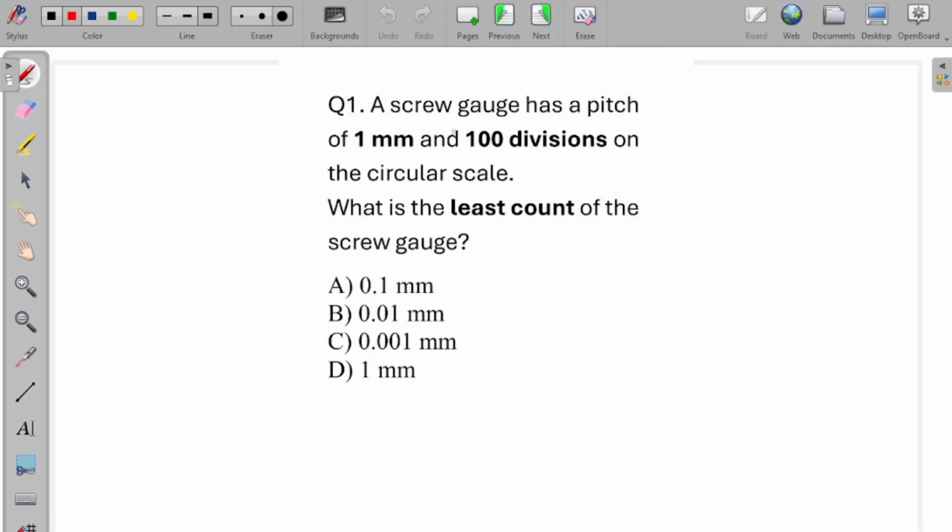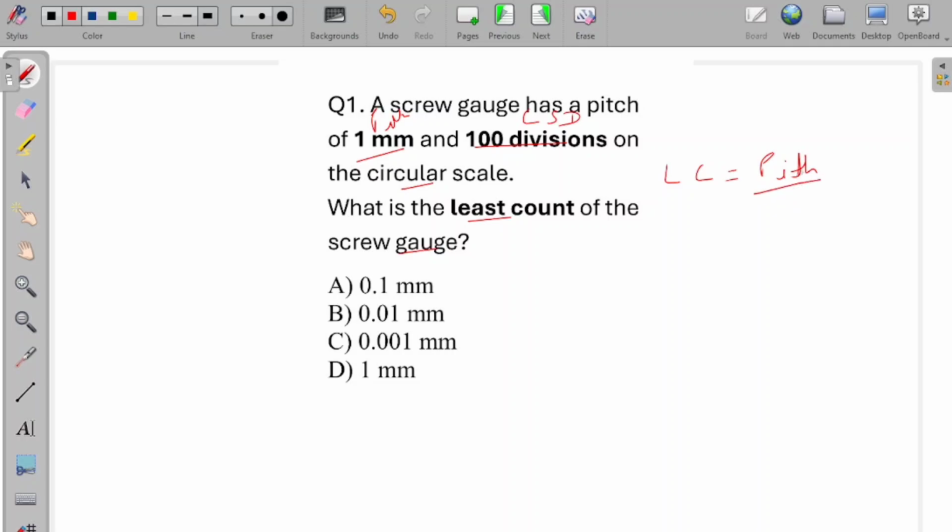Question number 1 says, a screw gauge has a pitch of 1 millimeter and 100 divisions on the circular scale. So this is pitch and this is number of circular scale divisions. What is the least count of the screw gauge? Very easy question. Least count, we just discussed the formula.